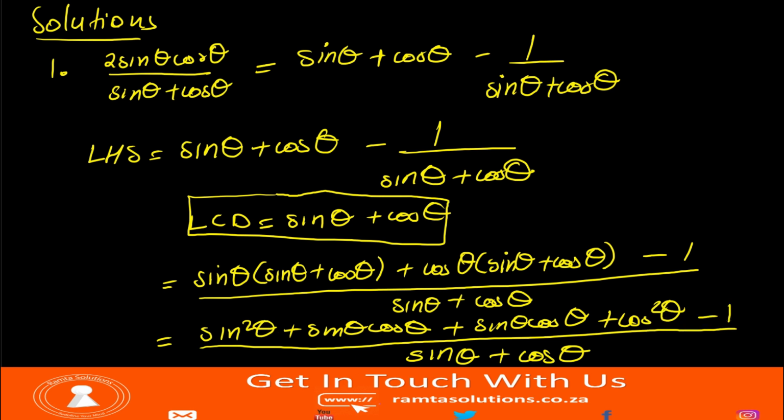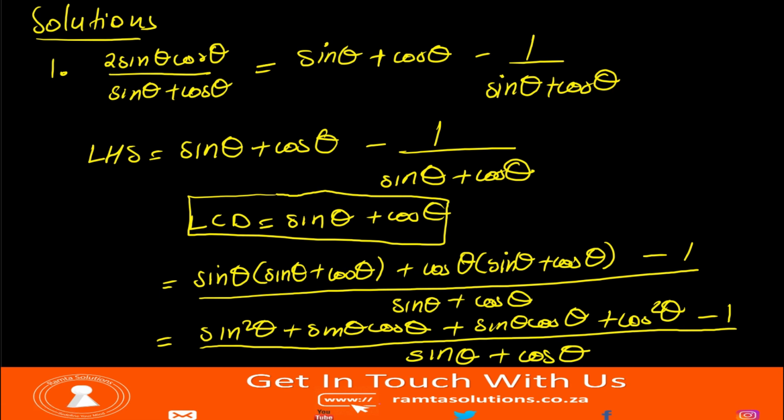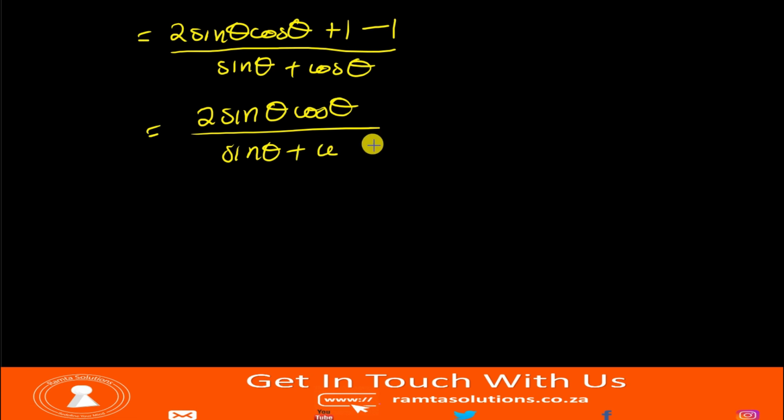And of course, this minus 1 is there, all over sine theta plus cos theta. All right, perfect. As you can see, 1 minus 1 is 0. You are left with 2 sine theta cos theta all over sine theta plus cos theta.